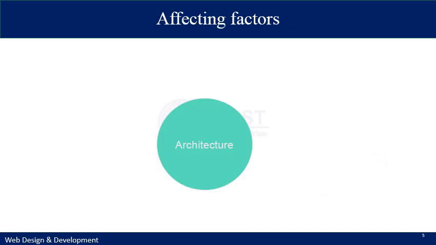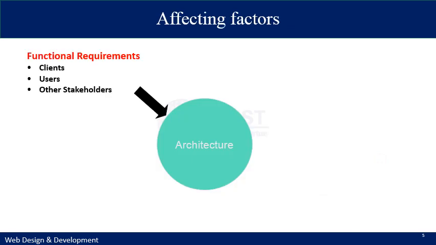There are a number of factors that affect the overall architecture of your application. The first is functional requirements. You must consider the number of clients and users, the types of clients and other stakeholders, and the functional requirements of each kind of user.